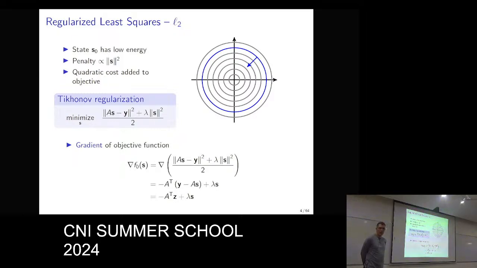So I want to penalize the energy that I give to my solution. So in terms of this minimization, here is what I want to achieve in terms of being able to explain my observation y. So I want to pick a state that's as close to y as possible when multiplied on the left by A. And this regularizes the energy of my solution S. So I'm not letting it be too large. The 1/2 is a convenience factor.